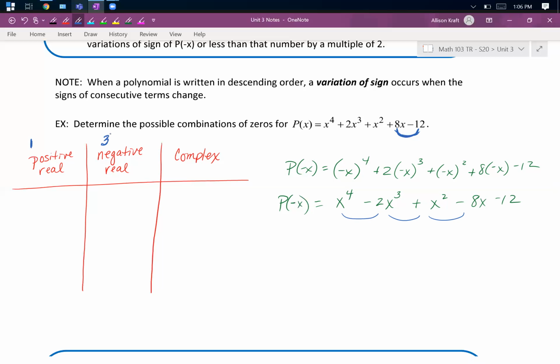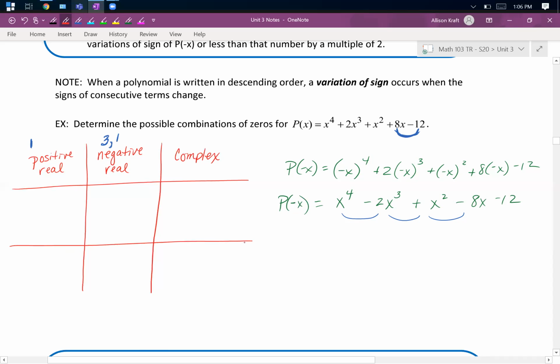Is 1 a number that makes sense when we're talking about a quantity? Yes, so that's going to be a second option. I'm going to subtract 2 a second time. That gives me negative 1, which doesn't make sense for a quantity. So I'm going to back up, and it's just going to be 3 and 1 as my possibilities for negative real zeros.